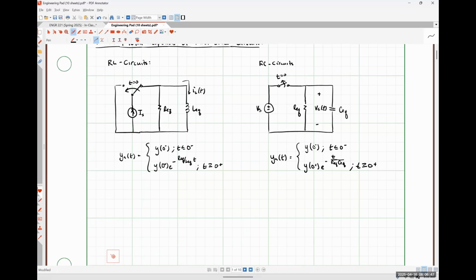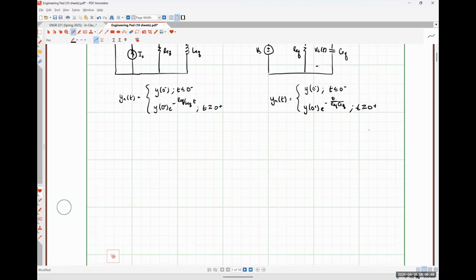So in electrical engineering, we define one time constant. Let me write this down.